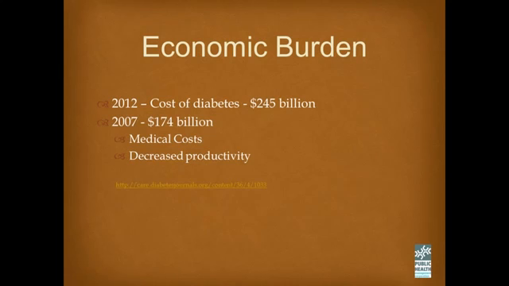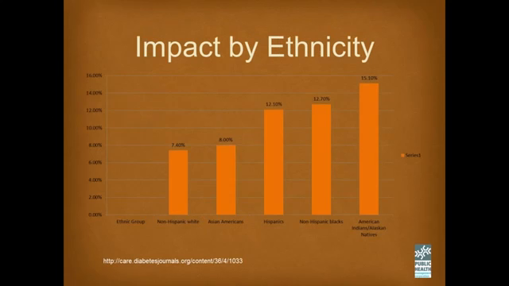Again, Dr. Daly touched on this, but we know that diabetes disproportionately affects minority communities, with Asian Americans, African Americans, and Hispanics having higher rates of diabetes compared to Caucasian Americans. So if you're African American in the United States, you have a 77% higher likelihood of developing diabetes compared to your Caucasian neighbor.